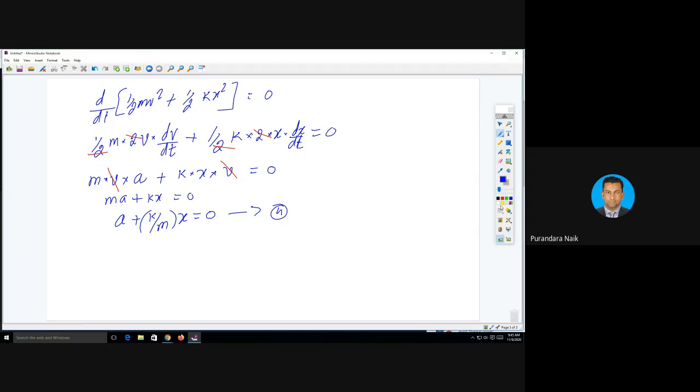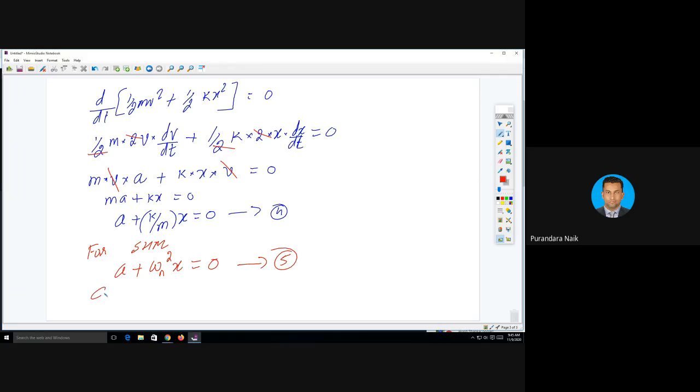What is the SHM equation? For SHM, we have the equation a plus omega n square into x is equal to 0. This is the SHM equation. You can see the very first derivation.